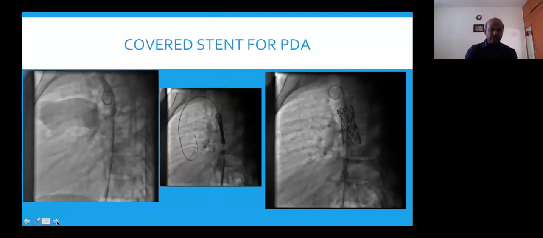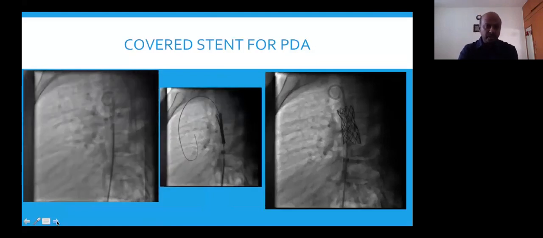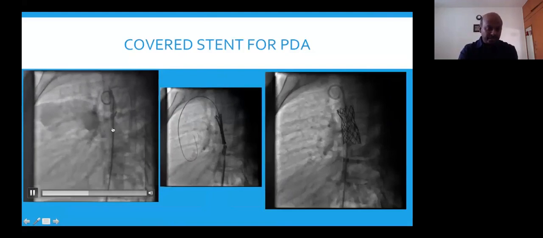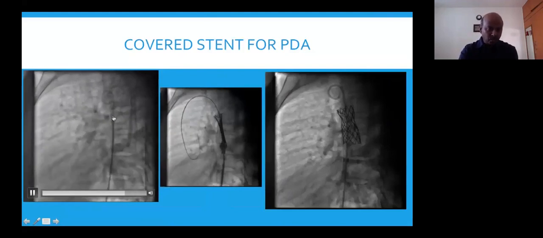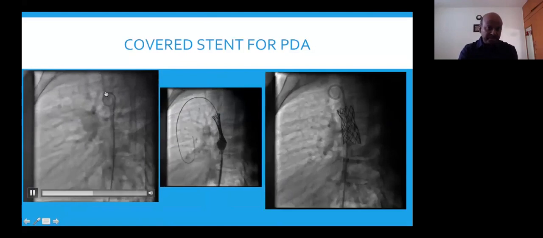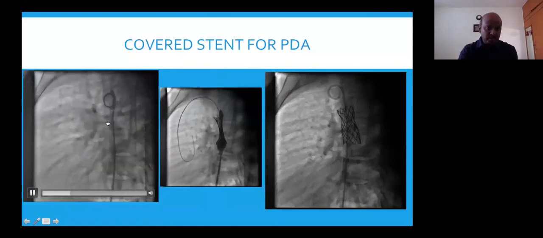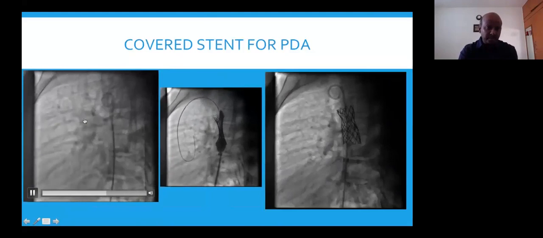And this is an example of a covered stent for patent ductus arteriosus, especially when it's associated with coarctation of aorta. So this is the ascending aorta here. You have a tight coarct, a large duct, opacifying MPA, and the descending aorta is normal.